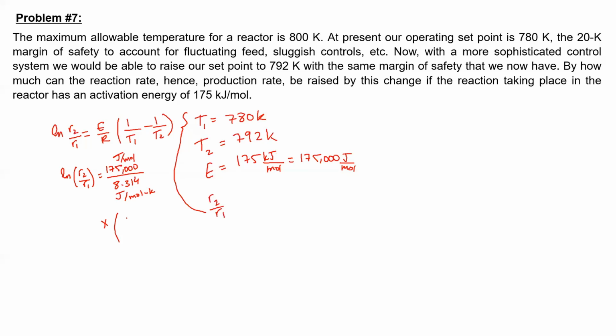Multiplied by 1 over T1, which is 1 over 780, minus 1 over T2, which is 1 over 792. Let's take this here. So if you do this, you're going to get ln R2 over R1 is equal to 175,000 divided by 8.314 multiplied by 1 divided by 780.